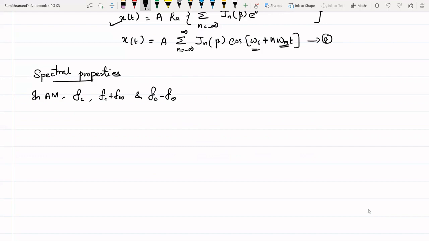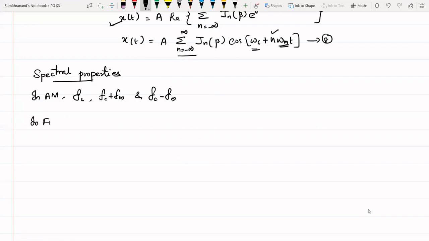But here, in the case of FM, see this n varies from minus infinity to plus infinity, so that we can have a carrier frequency, that is Fc.